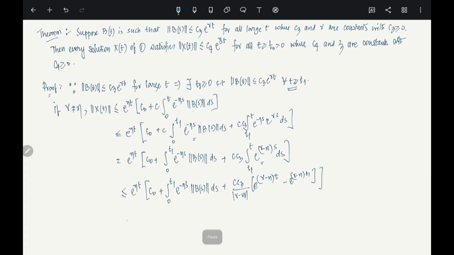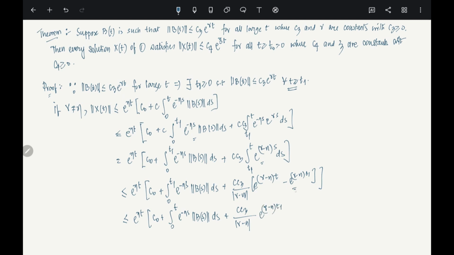Now this can again be dominated by e to the power gamma t times C naught plus the integral from 0 to t of e to the power minus eta s norm of b(s) ds, plus C c3 by modulus of gamma minus eta times e to the power gamma minus eta t1. Why can I change the sign to plus?